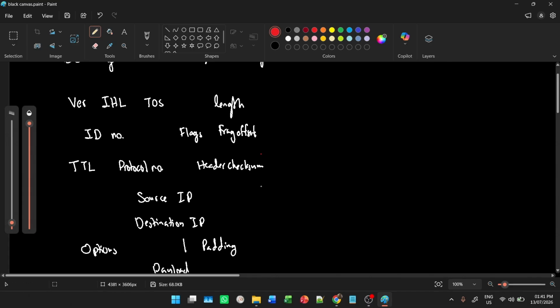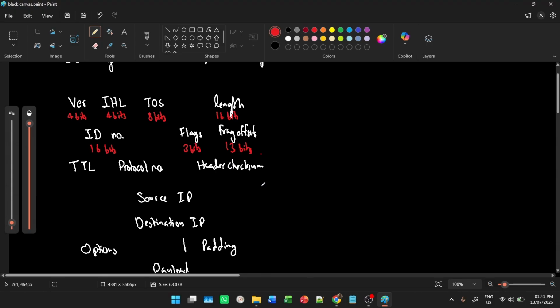When it comes to the version, it uses 4 bits. The header length also uses 4 bits. Type of service uses 8 bits. Length is 16 bits. ID number is also 16 bits. Flags is 3 bits and fragment offset is 13 bits.